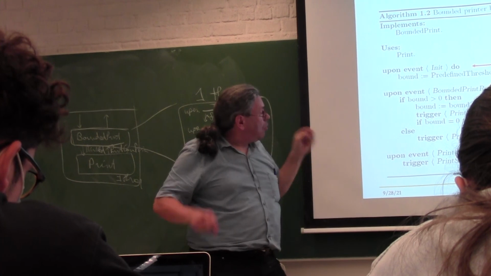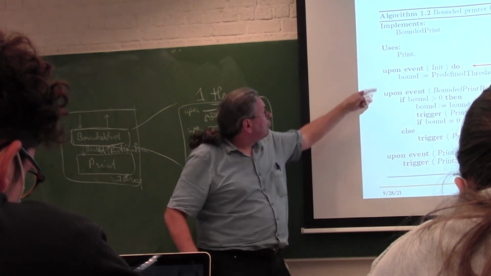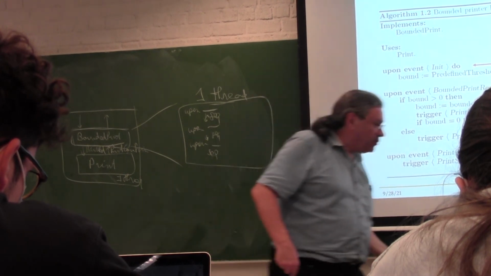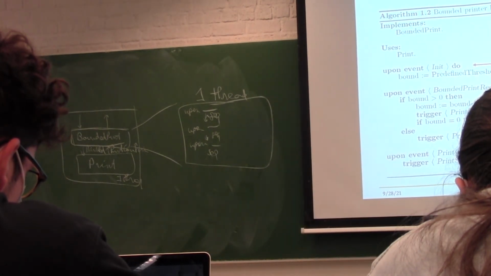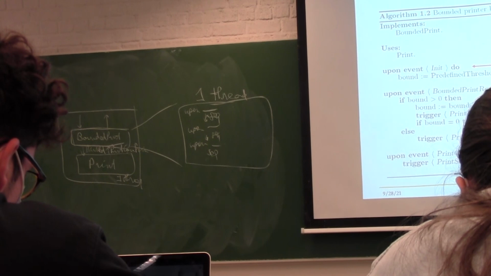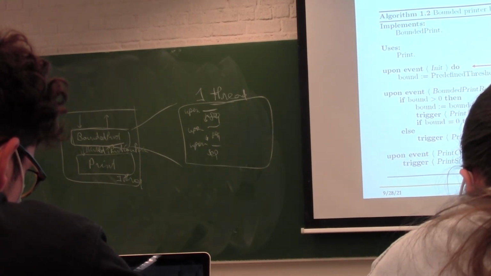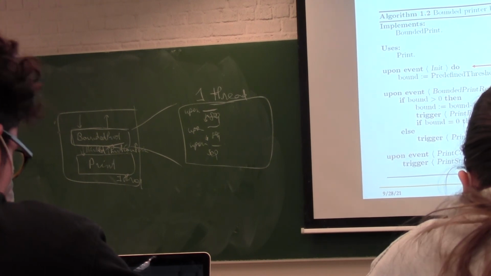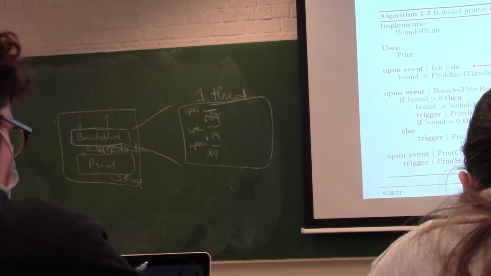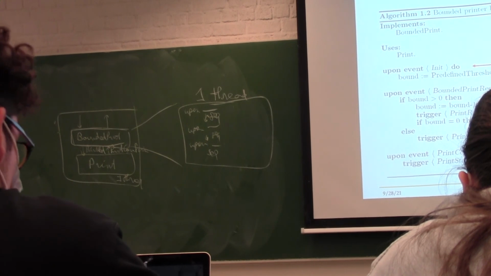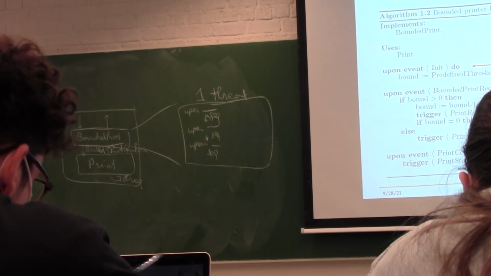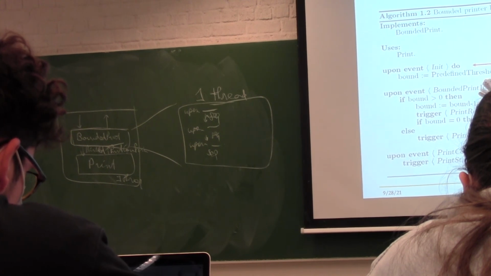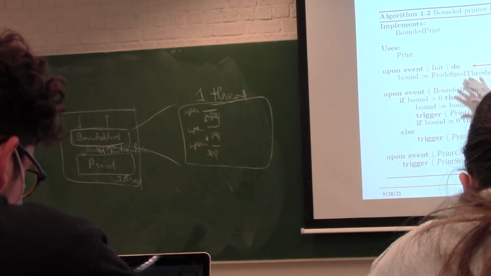If multiple messages arrive, you will be executing one of these and then another one, and there's a scheduler here. So you can actually do concurrent printing in this model. You can have two bounded print requests arriving before the print confirm arrives. If you have multiple messages arriving, like a bounded print request and a confirm, the scheduler will choose one of them non-deterministically.